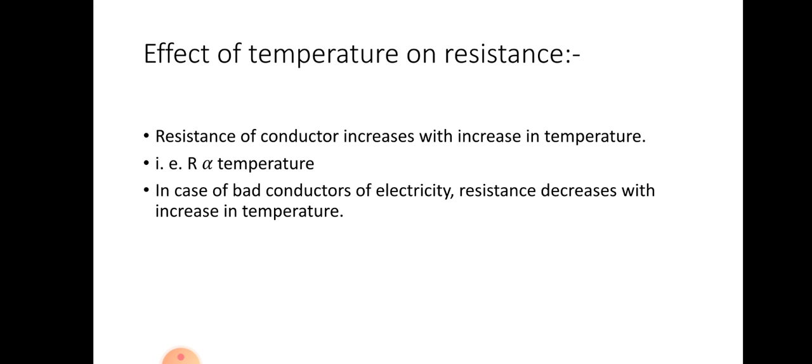They will collide with their neighboring ions or the molecules. अगर वहाँ पे उनमें से ही collision start हो गया and they will collide or they will vibrate along their mean position. So अगर उनका vibration start हो गया along their mean position, they will collide. collide होने की वजह से क्या होने वाला है?